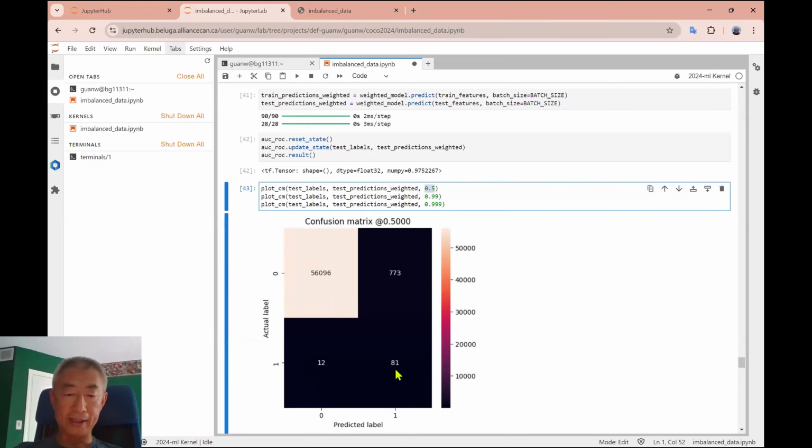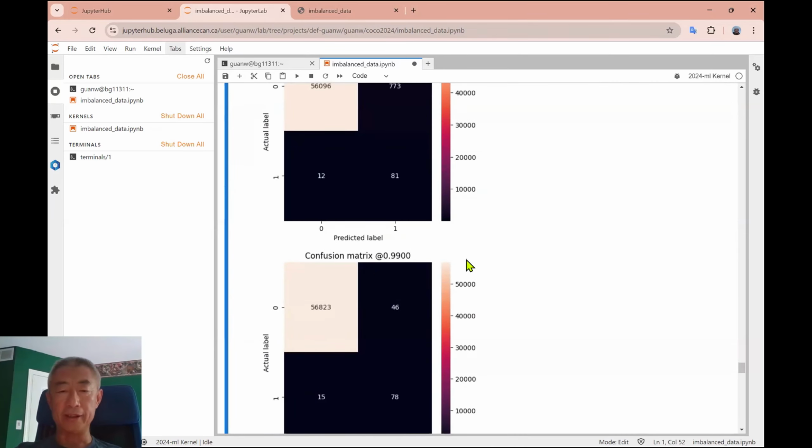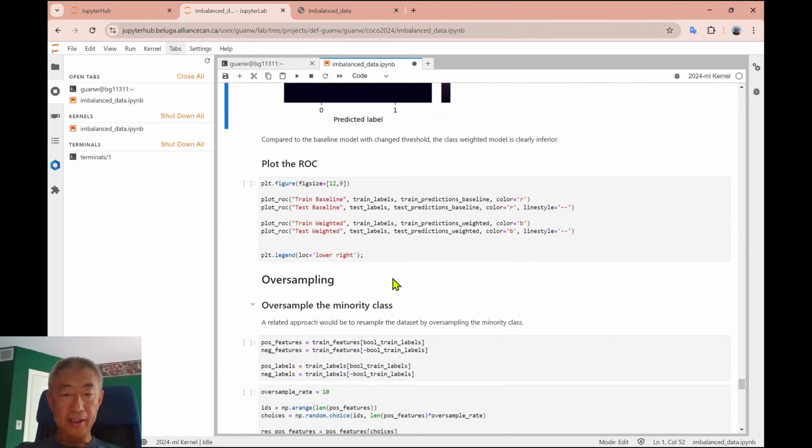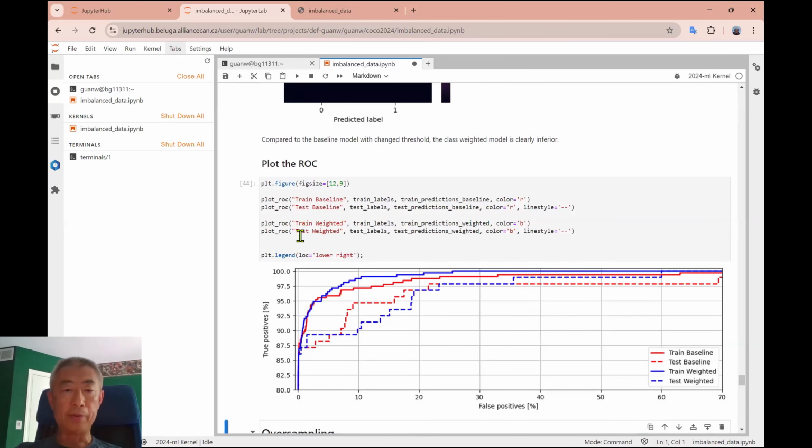So here we got 80% correct classification at the cost of 773 features classified as negative, some classified as positive. So that's the cost. It just means we're operating at a different point of the curve, and then we do the plotting. We plot the previous one with the current one.